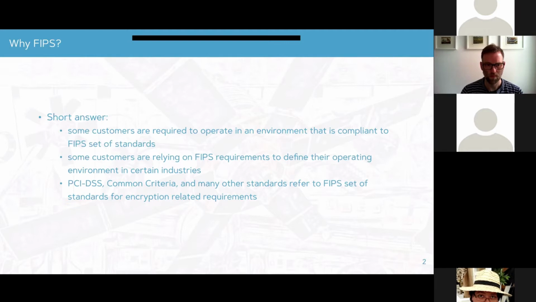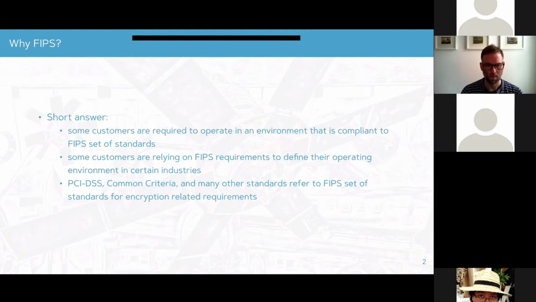In particular, the important part is the set of standards related to cryptography, which are maintained by the NIST Institute in the US, but also many of the international standards actually rely on or refer in their definitions to encryption defined in the FIPS set of standards.